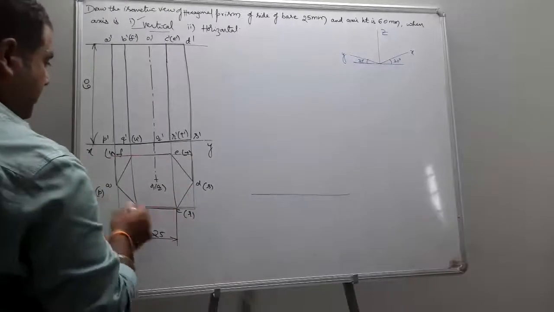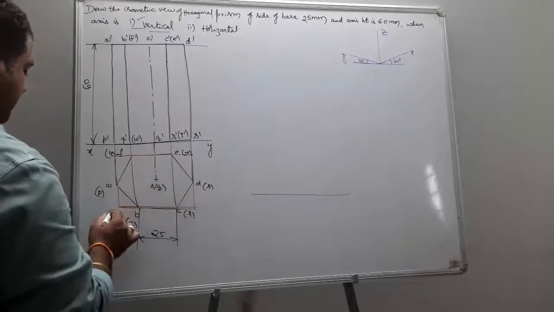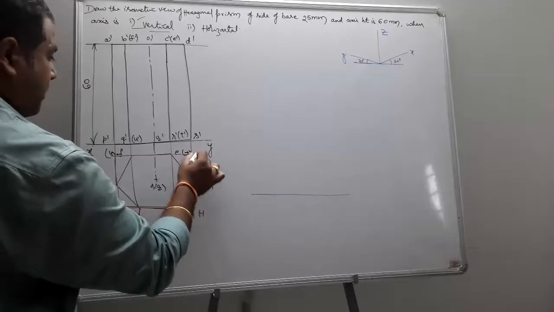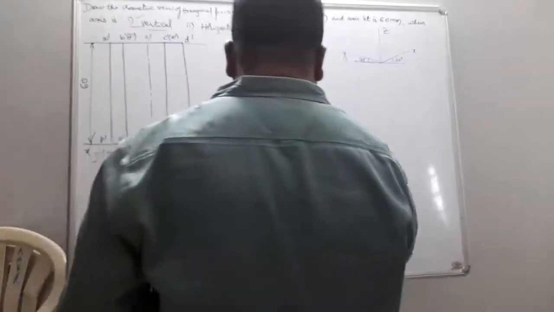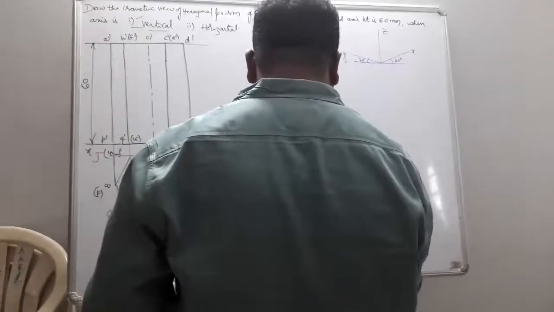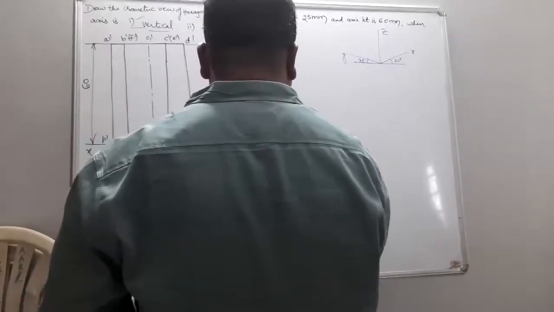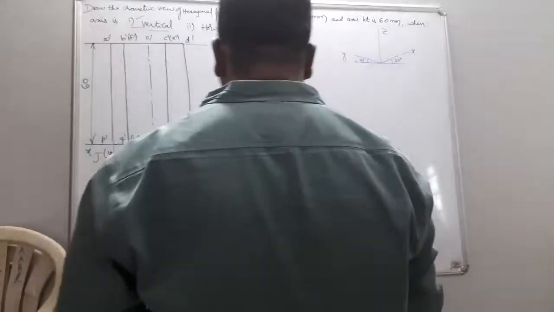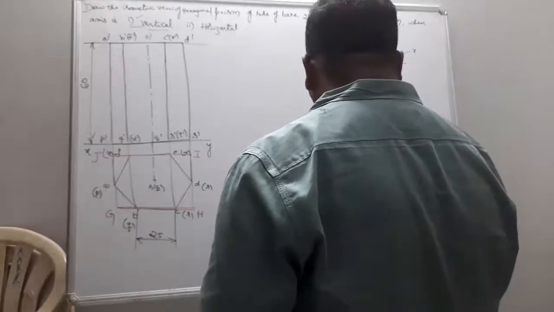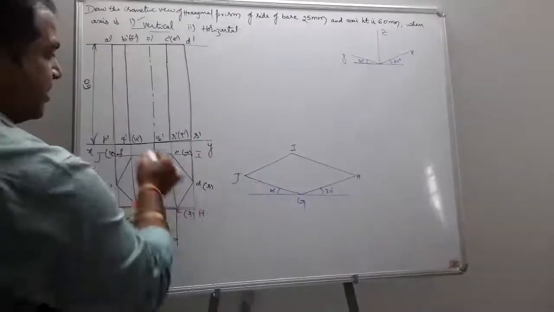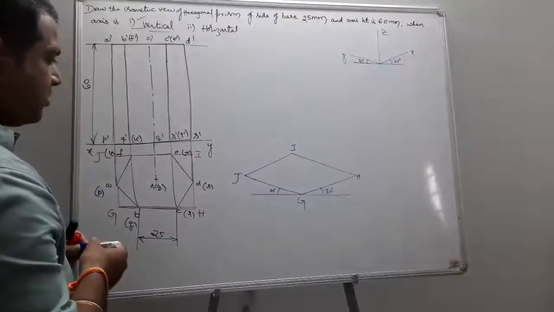Now P, A, B, C, D, E, F. Let us consider this box is G, H, I, and J. Now I consider my axis for horizontal, 30 degrees, 30 degrees. This was my box G, H, I, J, constructed on the 30, 30 isometric axis.